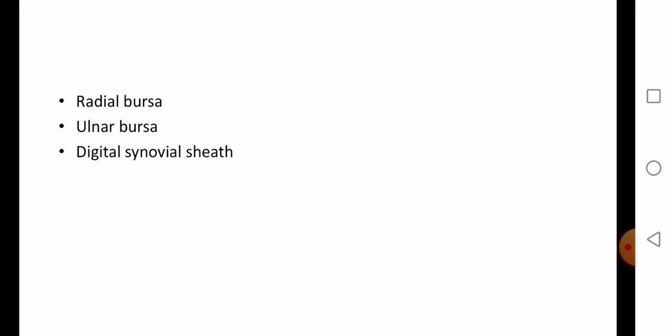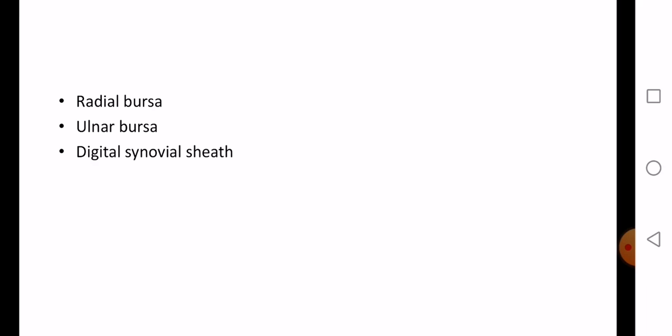Now, we have mentioned a radial bursa and an ulnar bursa. So what are these? They are synovial sheaths. There are three synovial sheaths that you should be familiar with when we talk about the palm. They are separate from the palmar space.